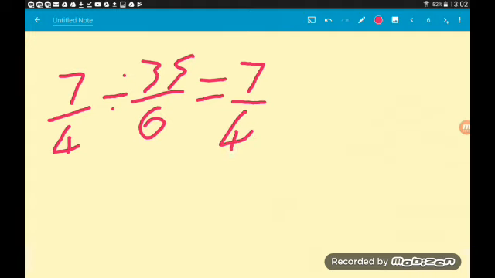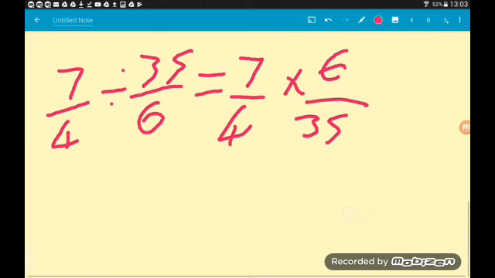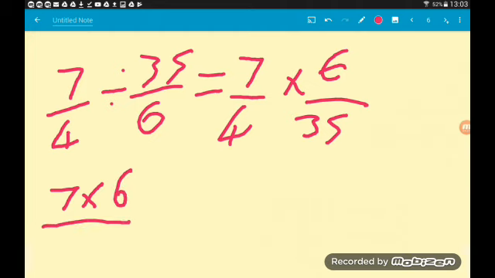So we get 7/4 times 6/35. We then multiply these two fractions together. It was on a non-calculator paper, so to do this, I'm going to show you the product prime factor method again, because we get quite horrible numbers without a calculator. Up on top, we get 7 times 6. On the bottom, we get 4 times 35.